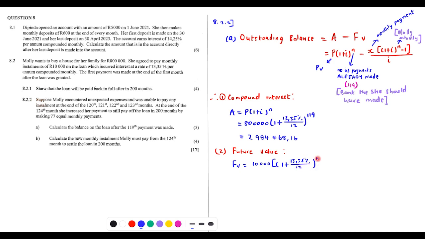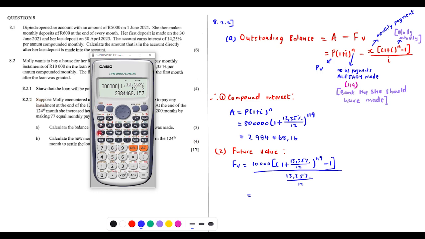minus 1) over 13.35% over 12. So let's press that on the calculator. It will be 1 plus 13.35% over 12 to the power of 119, minus 1, over 13.35% over 12.